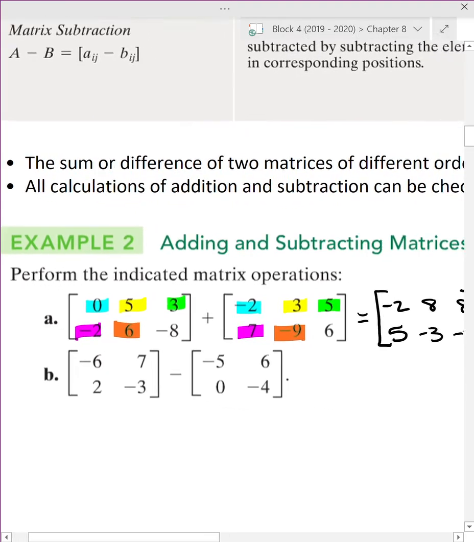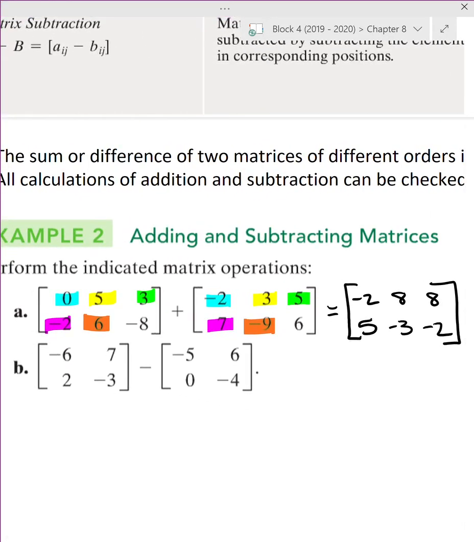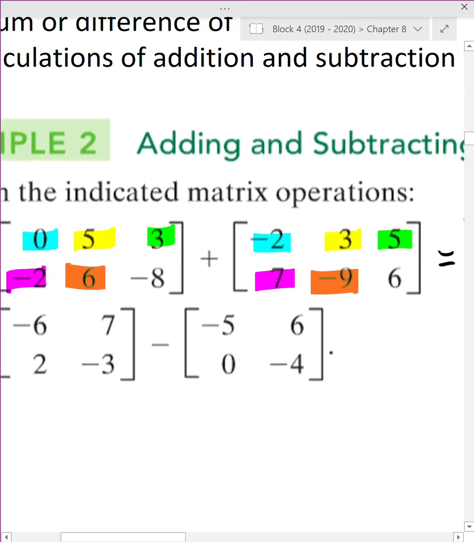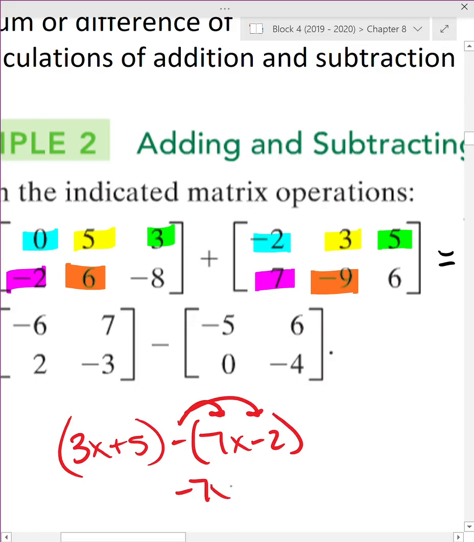Now, when it comes to subtraction, this is the big thing I want you to take into consideration, okay? We need to know that when we're minusing, think about when you did something like 3x plus 5 minus 7x minus 2, right? You first distributed the negative, so it was really minus 7x plus 2, right?